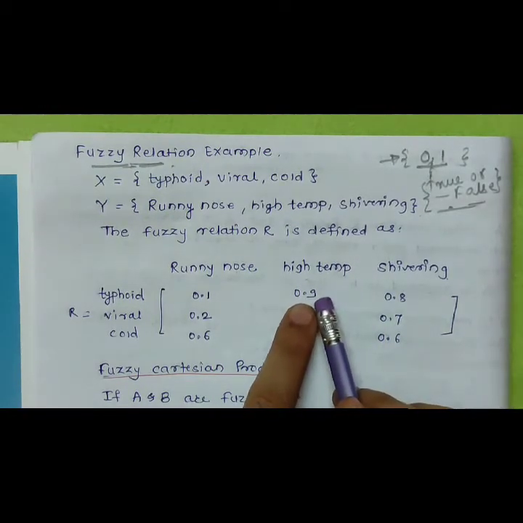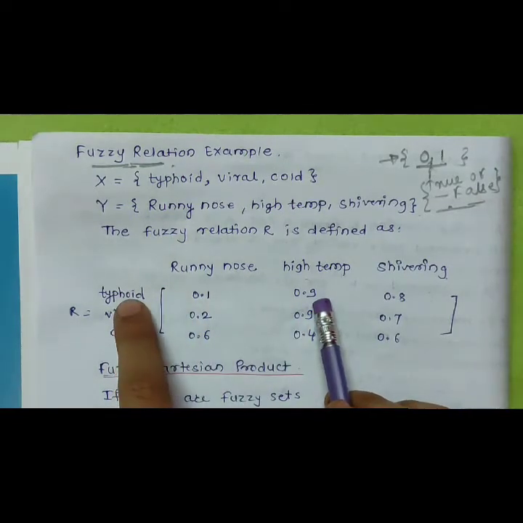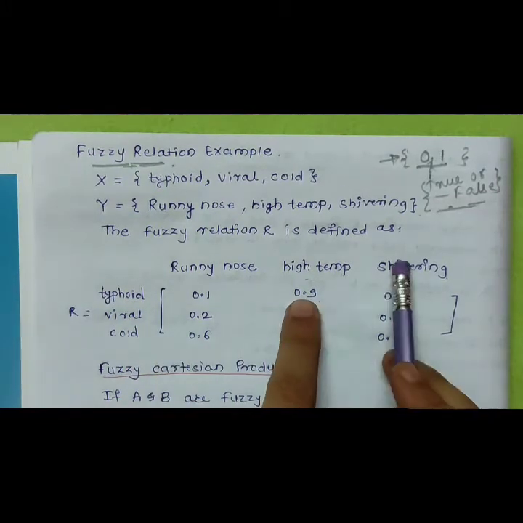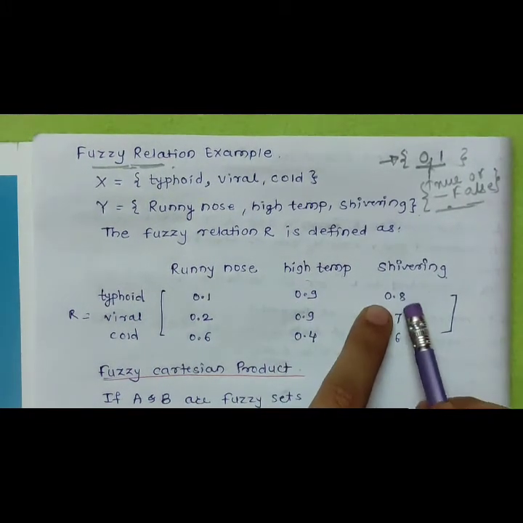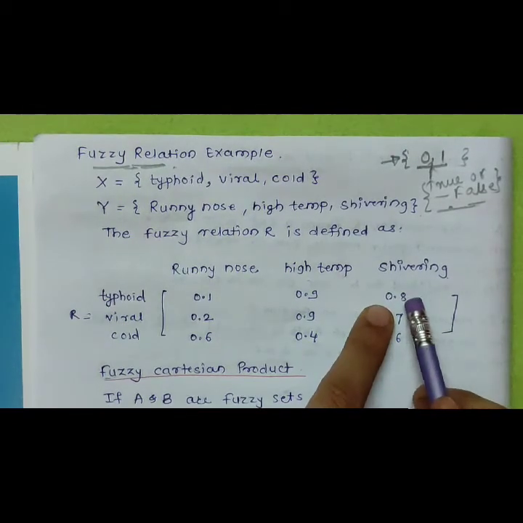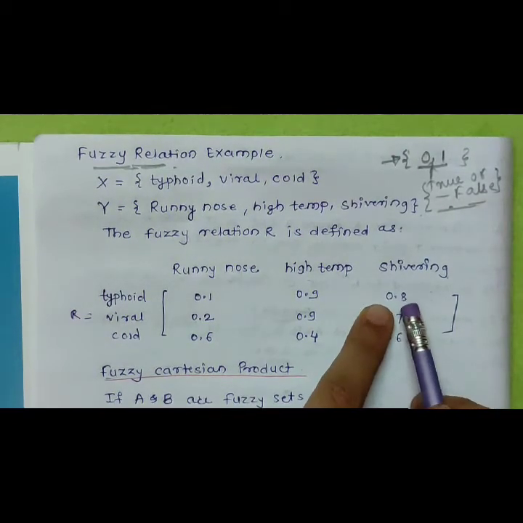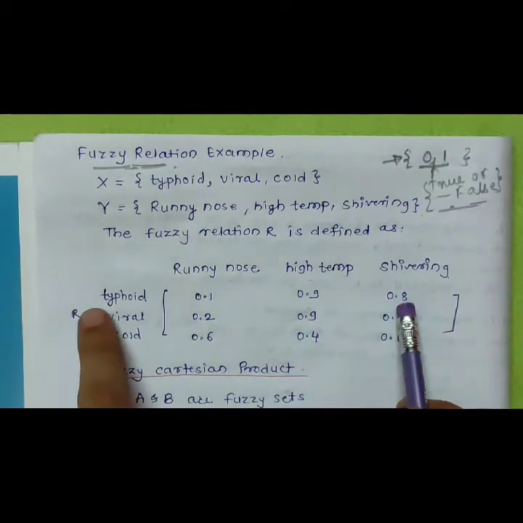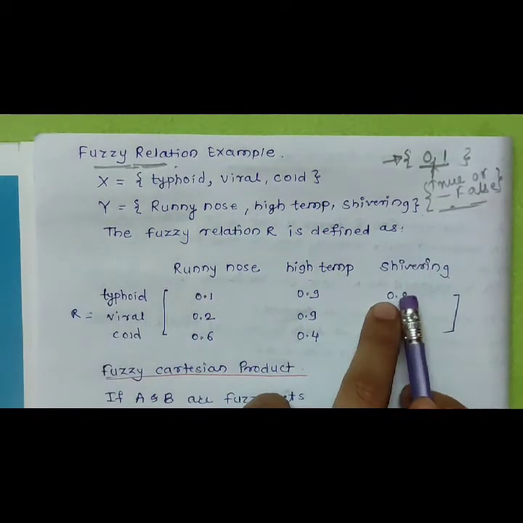It indicates that there is a high chance of having typhoid if he is having a high temperature. Third, if the symptom is shivering, then in that case the membership value is 0.8. So there is a strong chance of having typhoid if he shows this symptom.